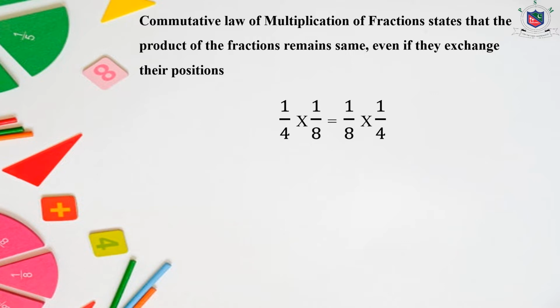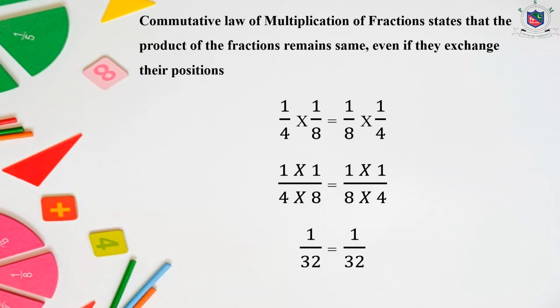According to this law, when you multiply these two fractions, you will get the same answer on both sides. So let's prove that. Is it correct? As you know, in multiplication, the numerator is always multiplied by the numerator and the denominator by the denominator. So when you multiply, you get 1 upon 32 on both sides.